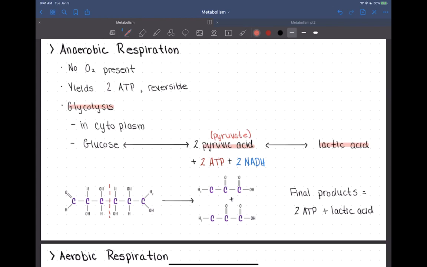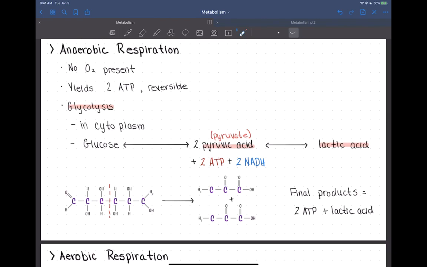Each pyruvate, since we broke our glucose in half, has 3 carbons. So pyruvate or pyruvic acid are 3-carbon molecules, and we now have 2 of them. Through that process of breaking down glucose, we also make 2 ATP and 2 NADH.